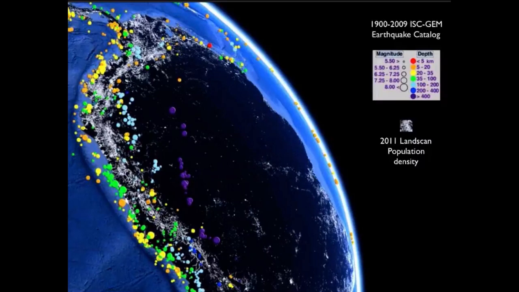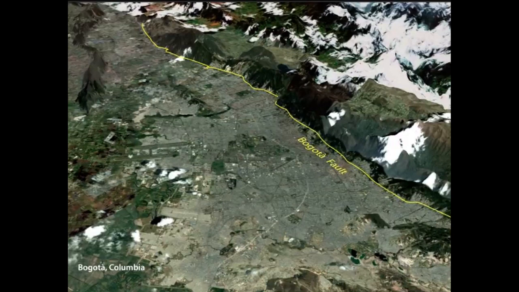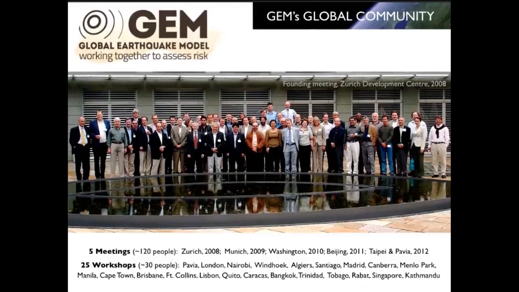And when we zoom in on a major city, a megacity in South America, such as Bogota, 6 million people living cheek by jowl against an active fault. So this is why, in our judgment, we need to have an organization which addresses this problem.